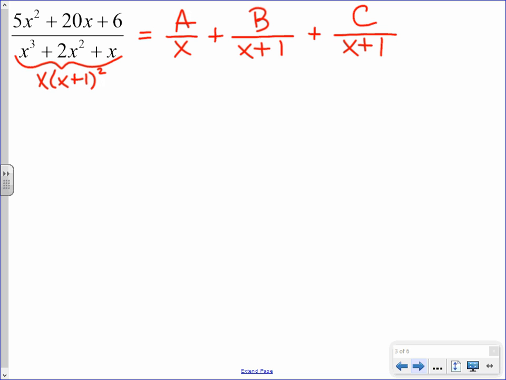So if we have repeated factors, each factor needs to be represented. So x plus 1 needs to be represented, and x plus 1 squared needs to be represented. It doesn't matter the order in which you put them, okay? So if you put x plus 1 squared first, that's not going to bother me.